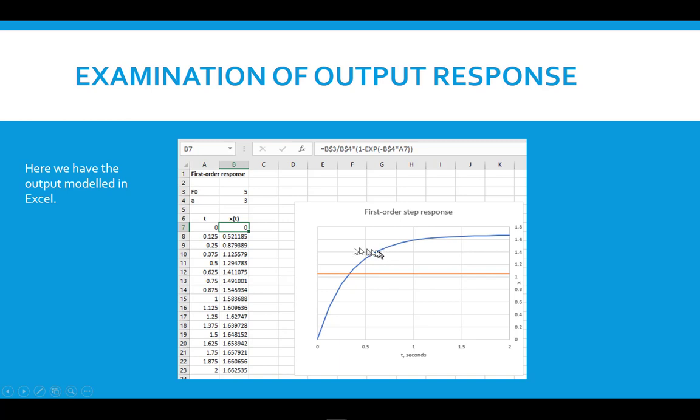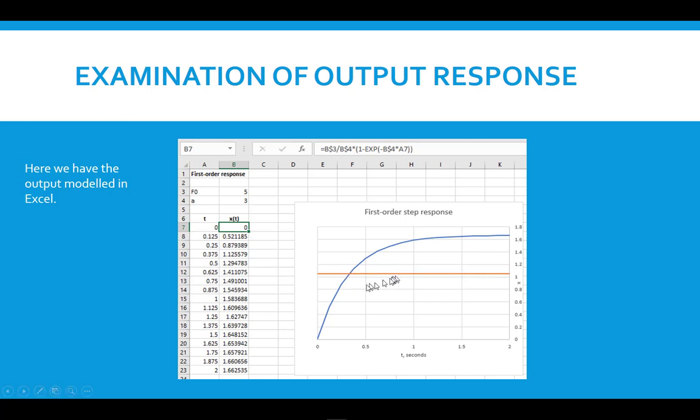And then the other thing that I did was I calculated 63.2% of the final value. Let's see, the final value, it's f sub 0 over a, so it's 5 thirds. So that'll be 1.67. And then 2/3 of that I've calculated. I don't have that number right here in front of me, but it's a little bit over 1. Maybe it'll show up later on in this presentation.